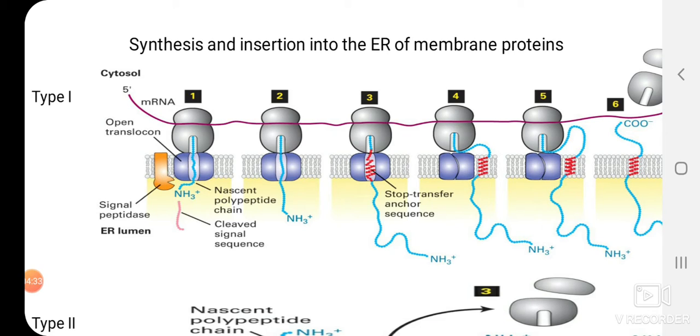Because of the pressure exerted by the polypeptide chain during its organization into a secondary structure, the translocon components, the Sec61 complex and the translocon complex component, get open.